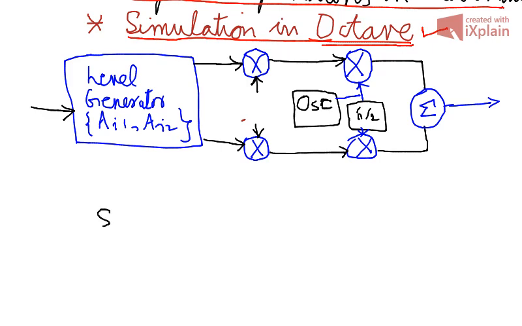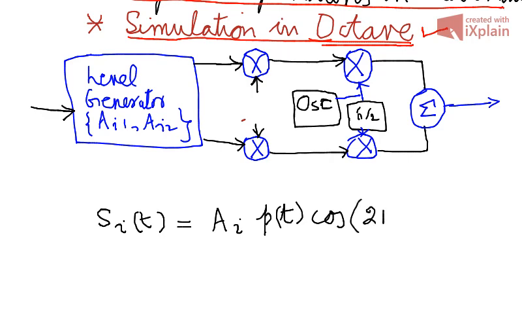The signal for QAM modulation, s_i of t, can be written in this form: A_i p of t cos of 2 pi f_c t plus theta_i. Each QAM modulated signal is uniquely identified by these two parameters, the amplitude A_i and the phase theta_i.